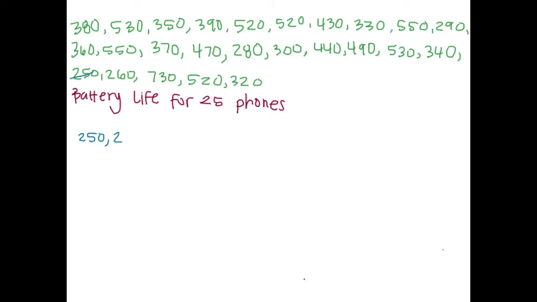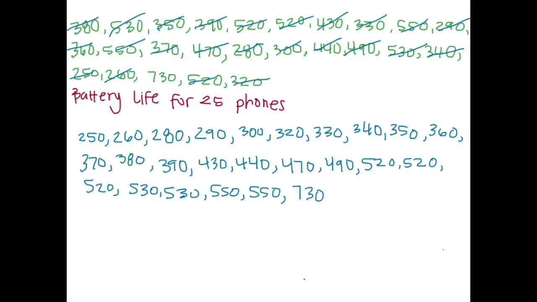Next we go to 260. And then we don't have a 270, but we can skip up to 280. And then there's 290. And you're going to continue this process till we put everything in order.